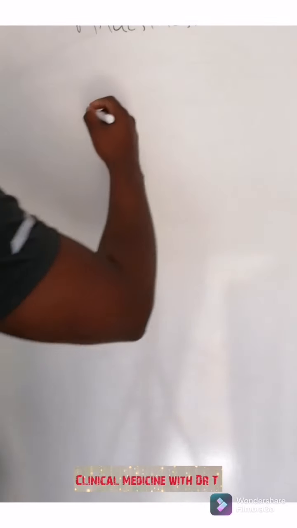So when you talk about anesthesia, the approach to a patient who needs to go to theater from the anesthetic point of view, there are 3 things that we need to have in mind.